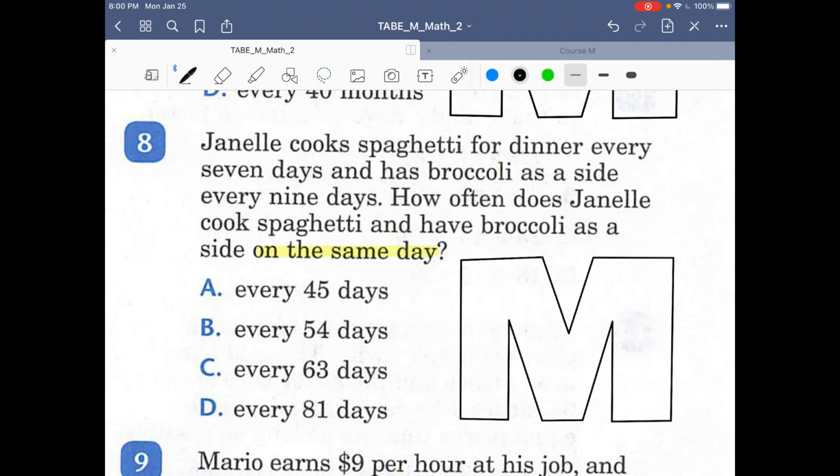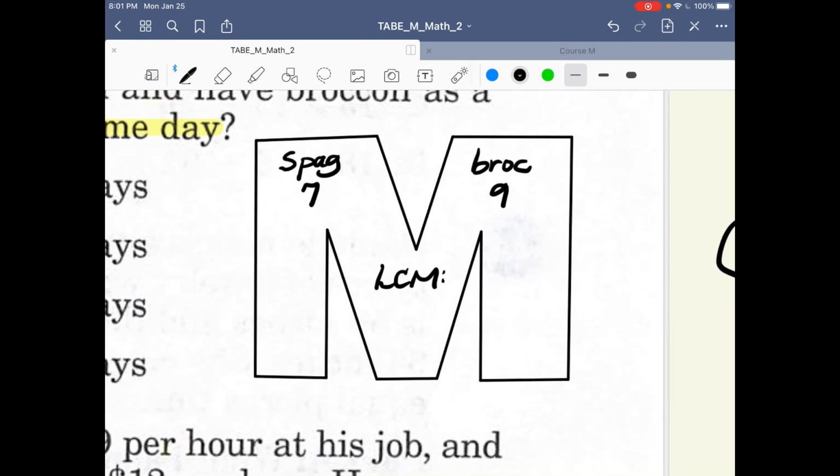So on one side, we're going to track our spaghetti. That happens every 7 days. And broccoli happens every 9 days. And we want to know where the 2 happen on the same day.